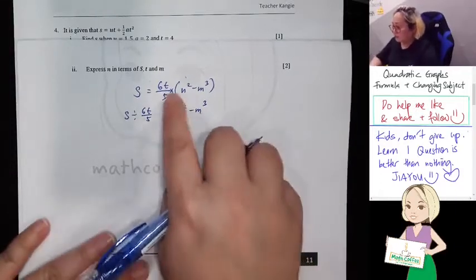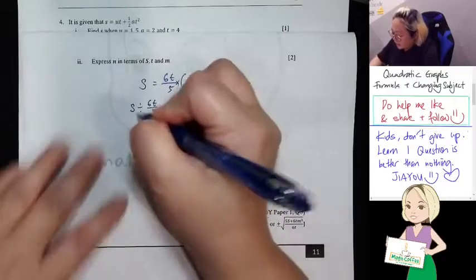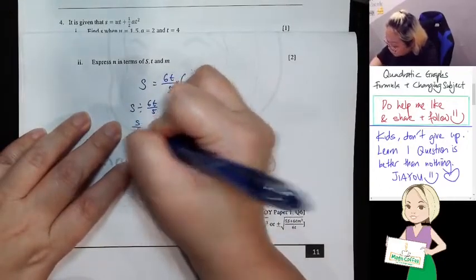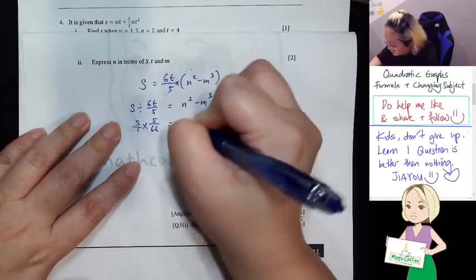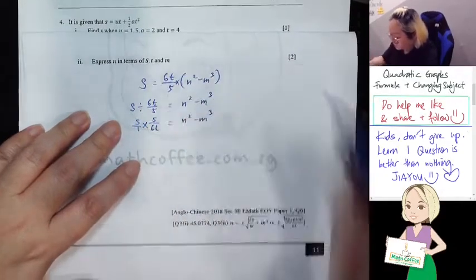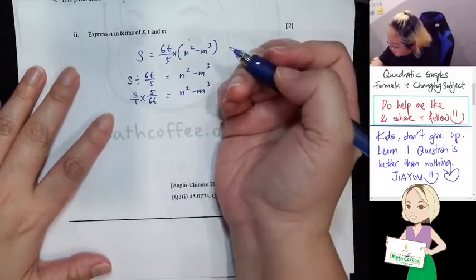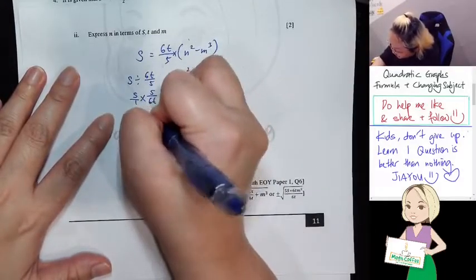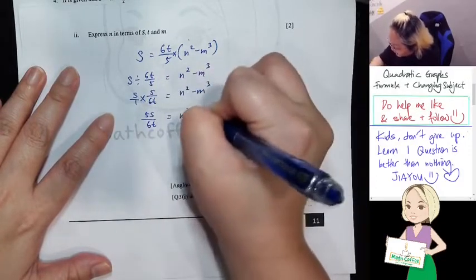This is times 6t over 5, so if I bring over, it becomes divide by 6t over 5. I just manipulate S over 1, multiply, flip this one, 5 over 6t. So this is just 5S over 6t equals to n squared minus m cubed.